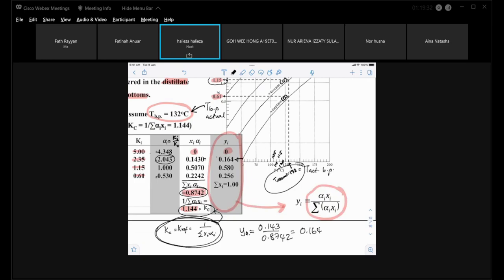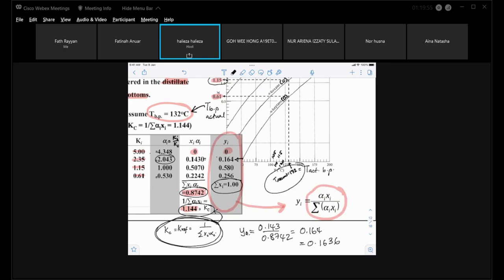Let's double check. Okay, the answer is, if we use 4 decimal places. Okay, there you go. So that's how you do it for the other components, and you should be getting a summation of 1, obviously because it is a mole fraction.